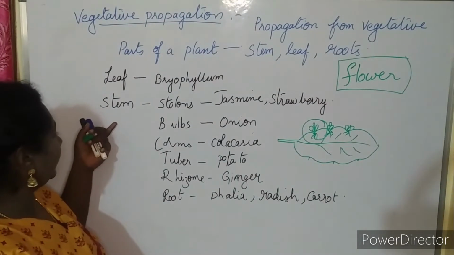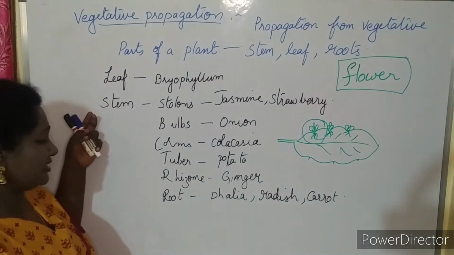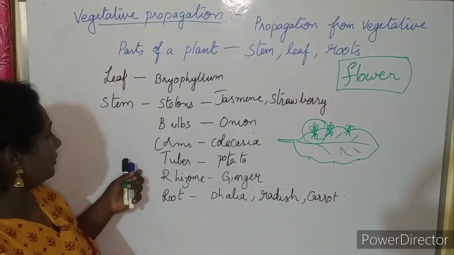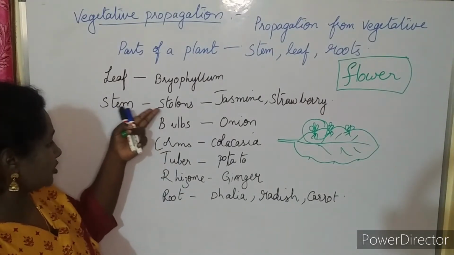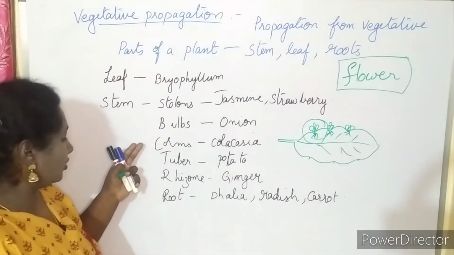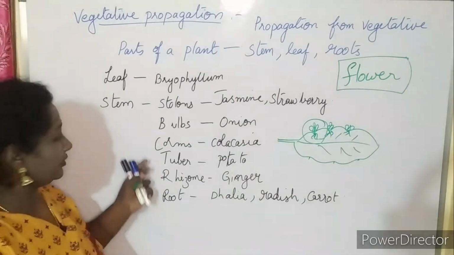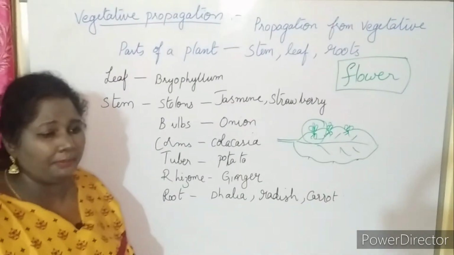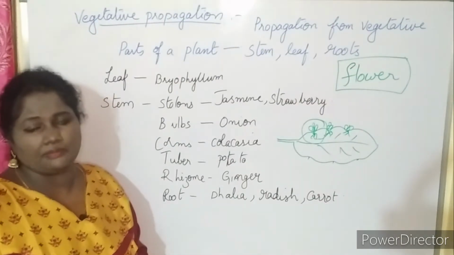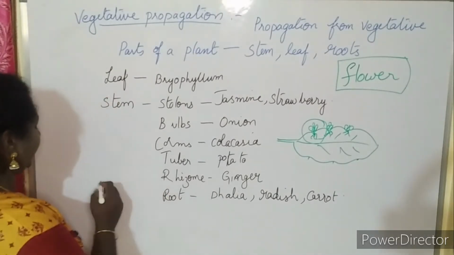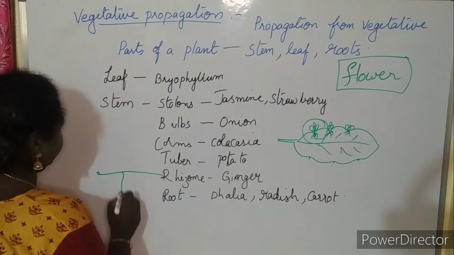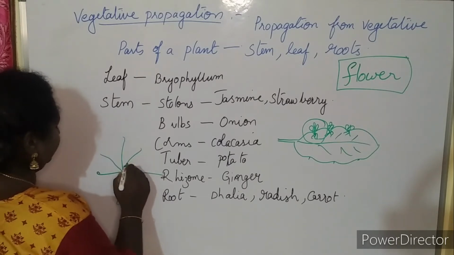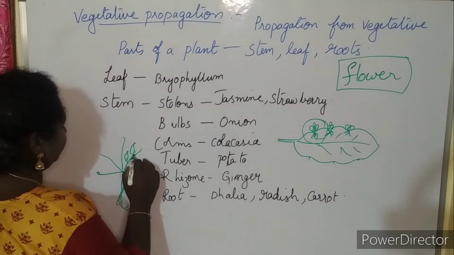Coming to stem propagation, there are many kinds of stems. The types are stolons, bulbs, corms, tubers and rhizomes. Stolons are jasmine and strawberry. What happens if weaker stems are there? Imagine this is the soil where the root system is, and the stems and leaves are here.